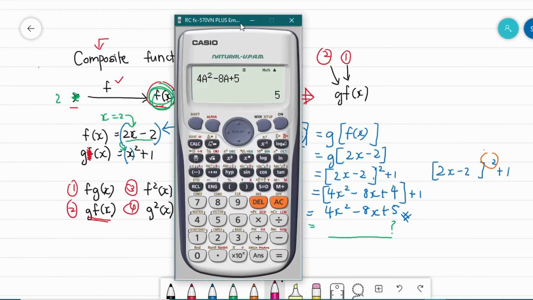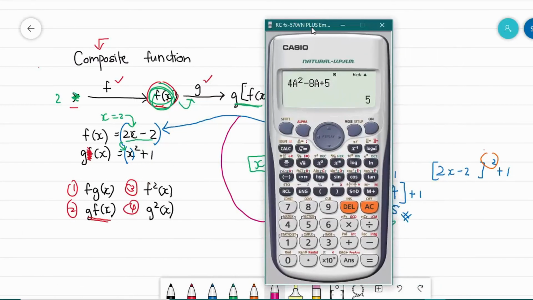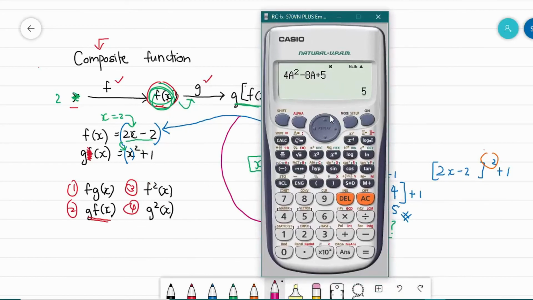Now let's change to the other side to see whether we can get a 5 or not. We have the first function, which is f: 2a minus 2 equals 2 also.